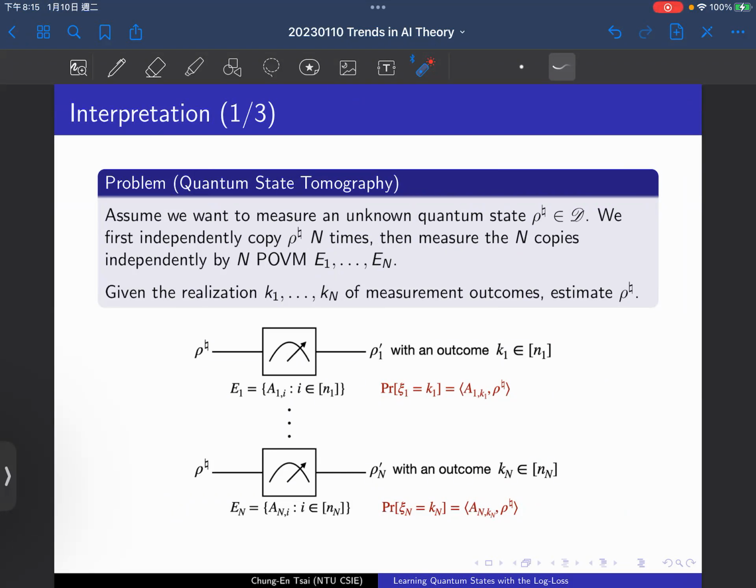If we want to build a quantum device, we may want to know what the quantum state is in our device, but we cannot observe the quantum state directly. So we need to perform some measurement and then estimate the quantum state from our measurement outcomes. The problem is like this. Suppose we have an unknown quantum state rho natural in our device.